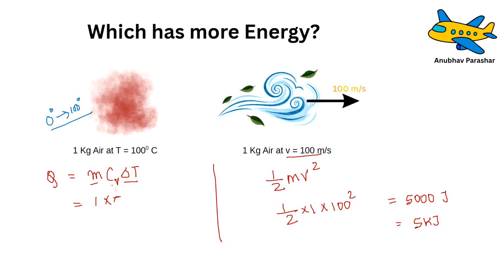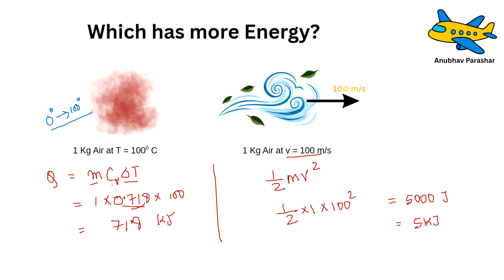It is 0.718 into delta T, which is 100. So this comes out to be 71.8 kilojoule. The unit of c is kilojoule per kg Kelvin. So you see, I'm just giving you an overview.